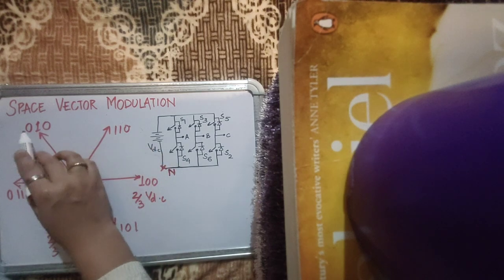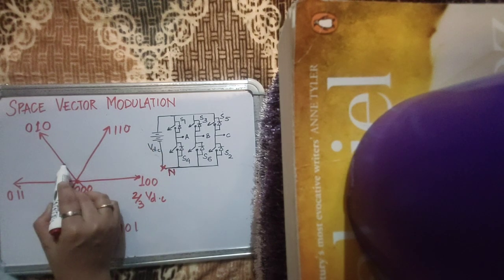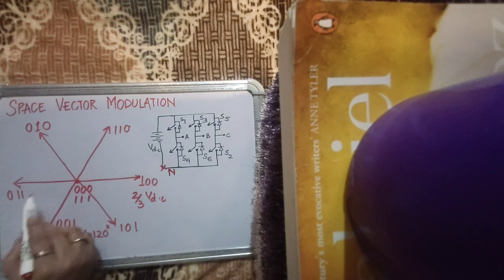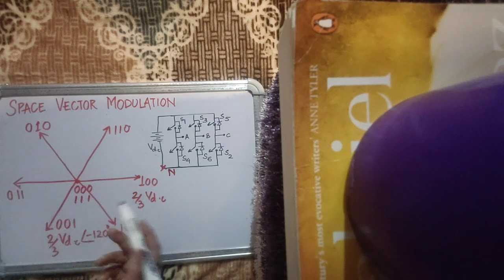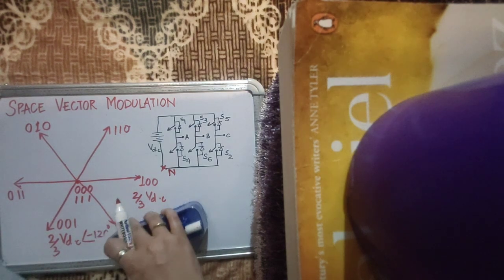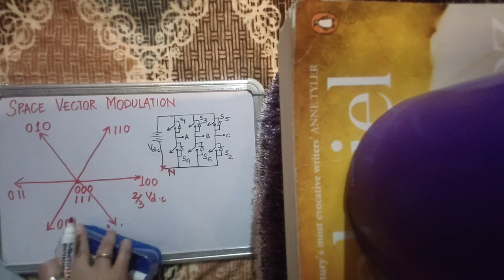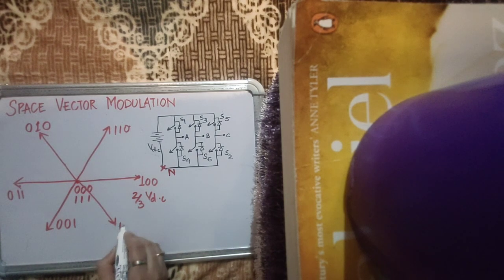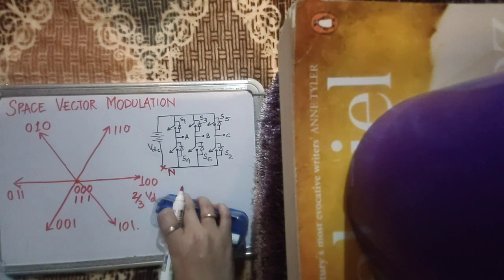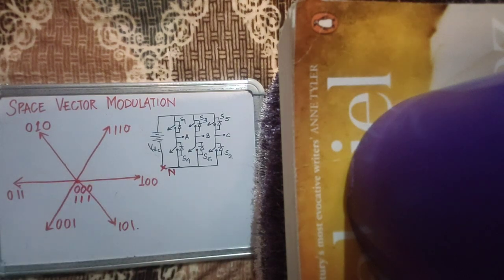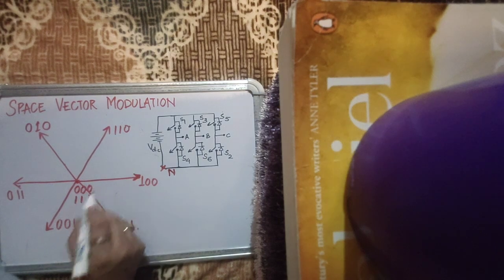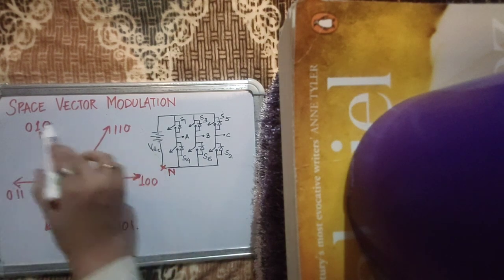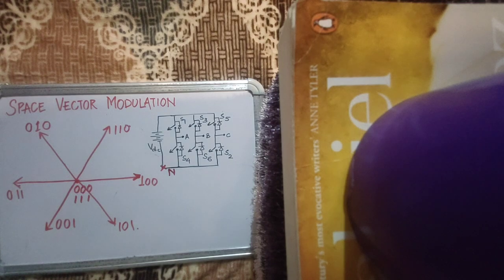For 010, you will find an angle of plus 120 degrees. For 011, it will be 180 degrees, and so on. I would suggest you calculate the space vector for all the 8 states of the converter, and you will see that they assume all these positions. 2 positions are occupied at the origin by the 0 vectors 0, 0, 0 and 1, 1, 1, and the remaining 6 vectors take up positions on the 6 corners of a hexagon.